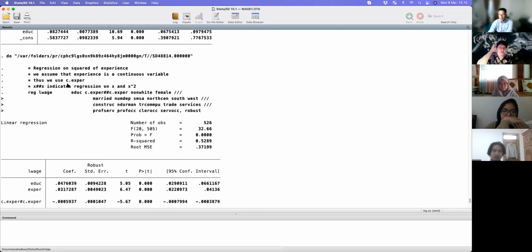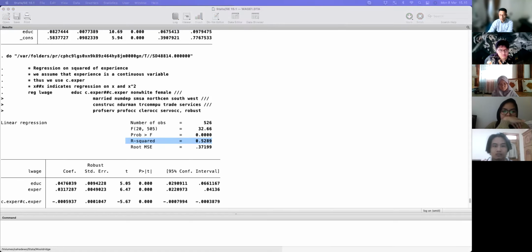And so what happens after we add explanatory variables? The R-square actually increases. Previously the R-square was just 0.1858. It's now 0.5289. So basically about half of the variation of the actual data can be explained by the variation in the model.